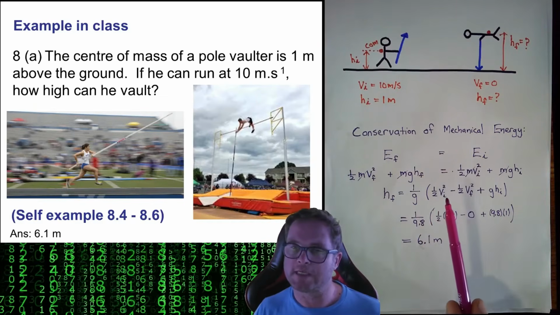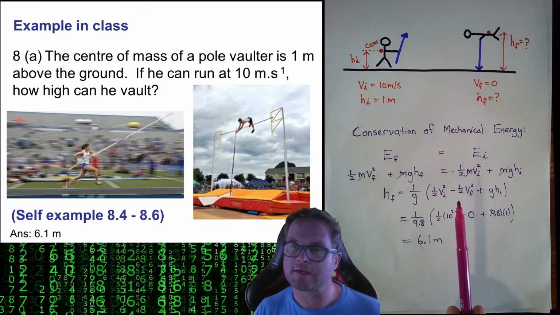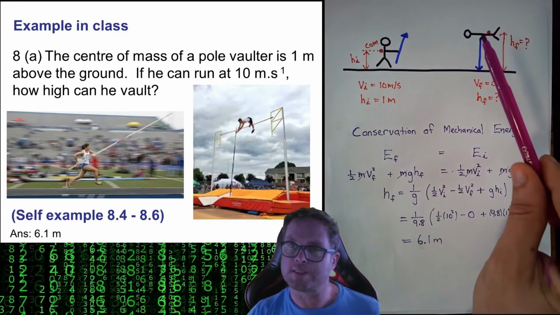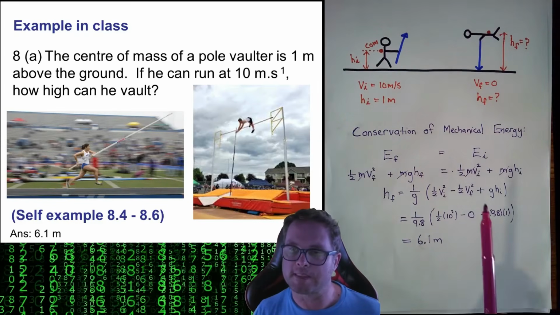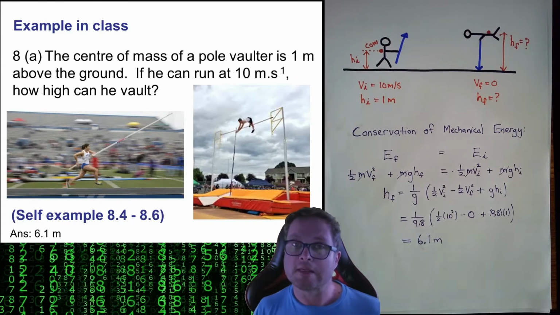We know what g is, we know the initial velocity, this 10 meters per second. The final velocity is going to be 0 because now the person is suspended for that moment in air at the top of their trajectory, and the initial height is 1 meter. Substituting the values in, we come out to an answer of 6.1 meters.